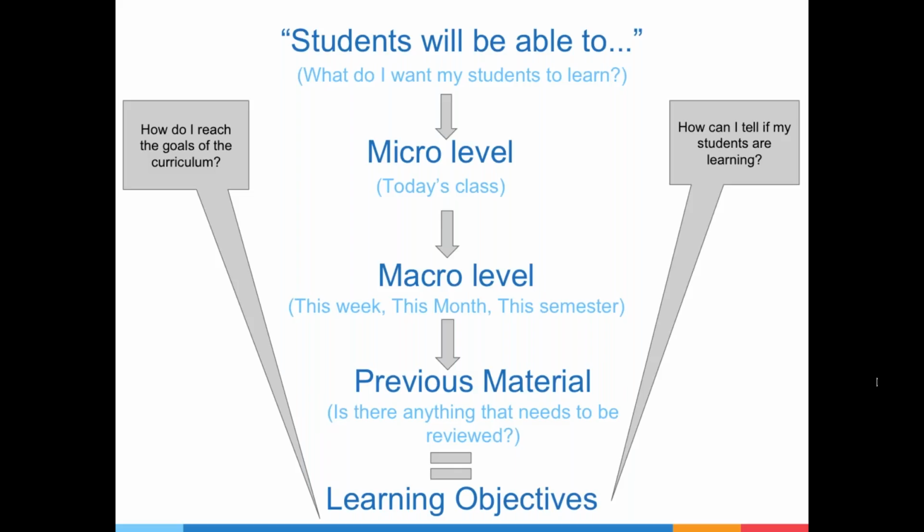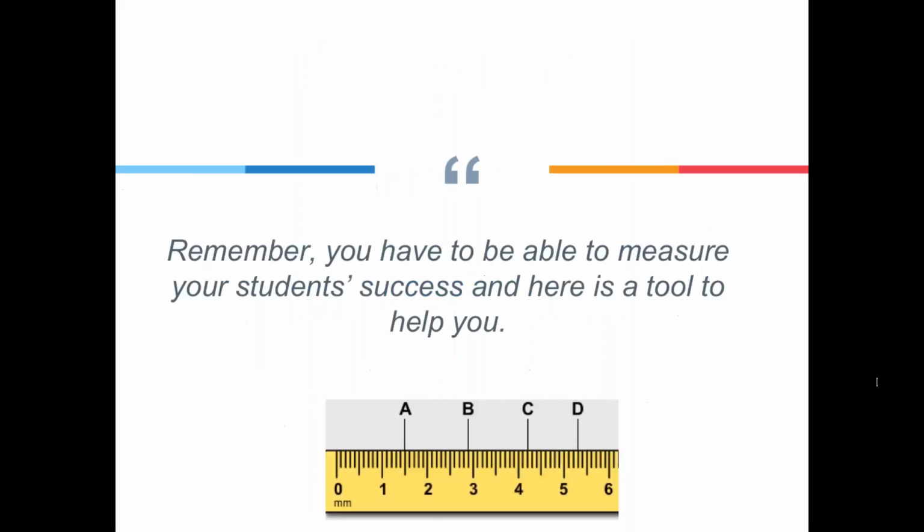And when we go to review, we know what areas our students are still having a hard time with. But this is a lot of information, and we know that just saying students will be able to is not enough. So let's start thinking about the tool, the ABC model, in order to really support what I'm telling you here today.